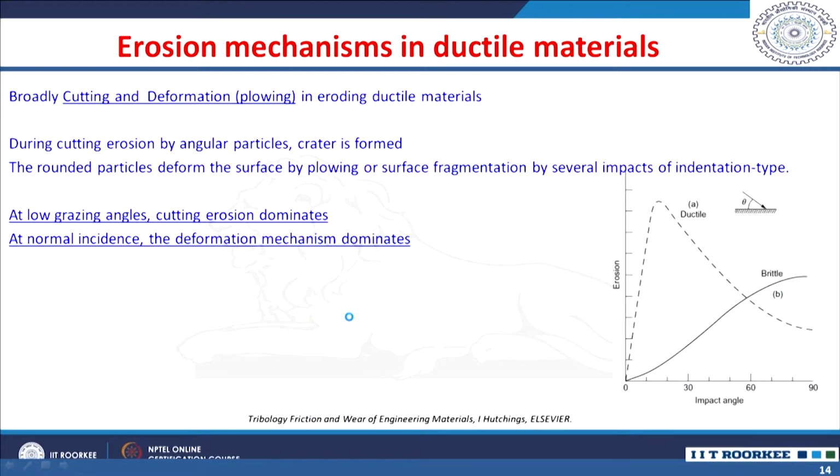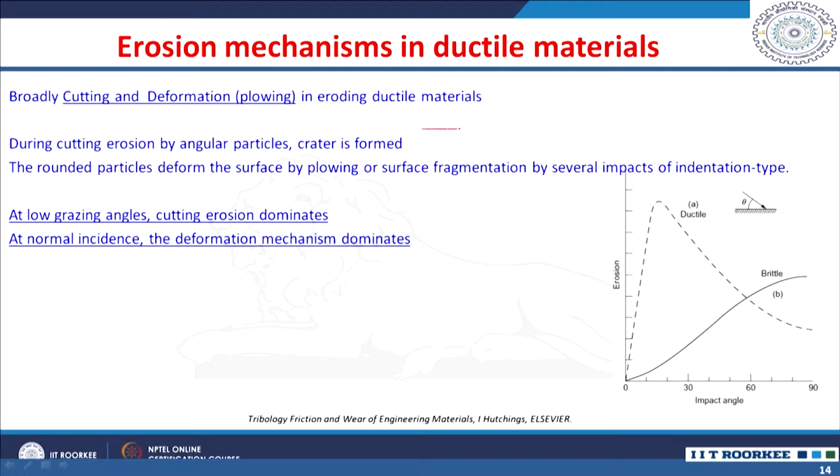So, if you look at these ductile materials, mainly they are damaged in erosive conditions by cutting or by ploughing, right. So, during cutting by angular particles, mainly a crater is formed, and in repeated conditions the crater leads to lip formation, and the material is removed.